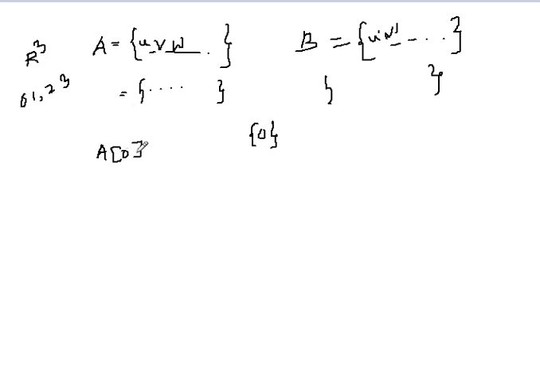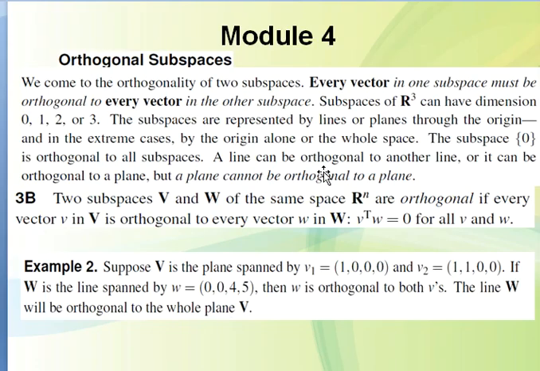This means the 0 vector is orthogonal to all elements. If 0 is multiplied with B, or B is multiplied with 0, we get 0. This means 0 is normal to all subspaces. And the next thing indicates that a line can be orthogonal to another line.